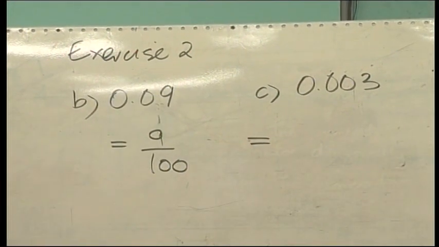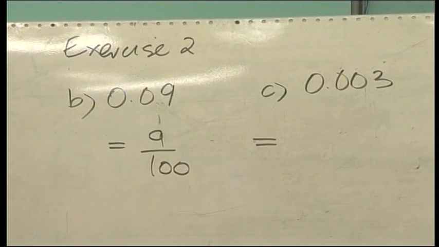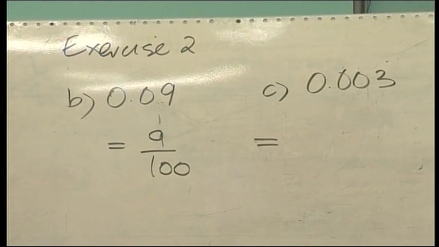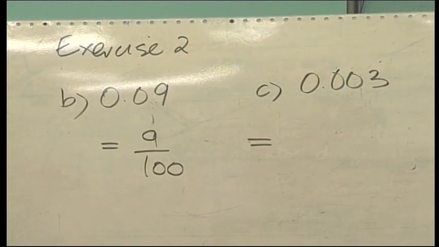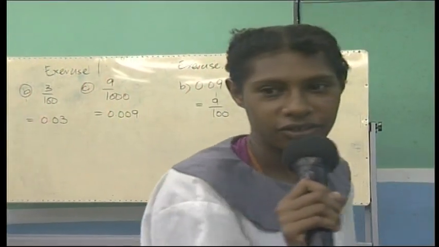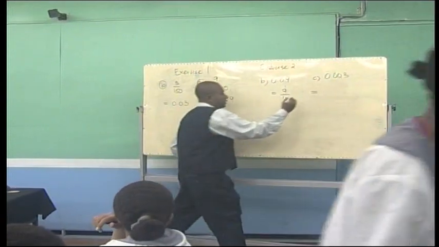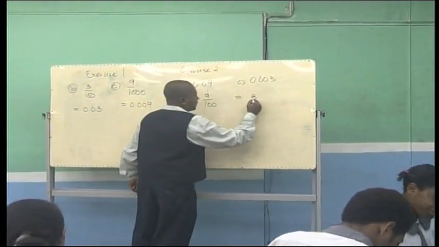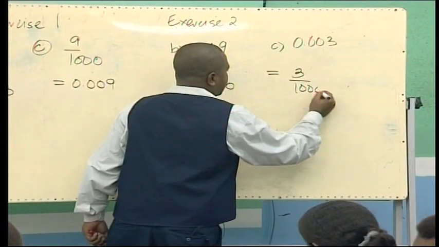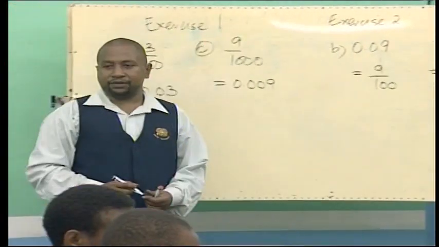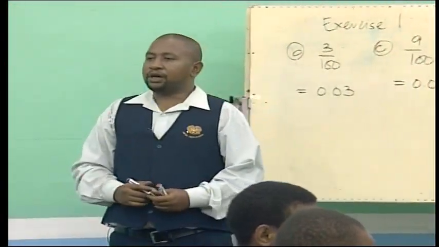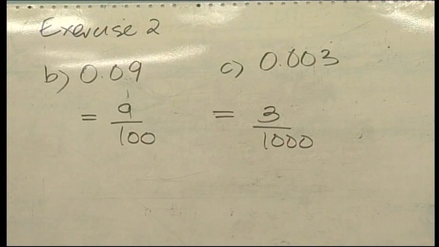C, 0.003. Glenda, 3 over 1,000. Very good. Grade 7 students, are you clear on how you can find a decimal and a fraction of those numbers using the place value chart?